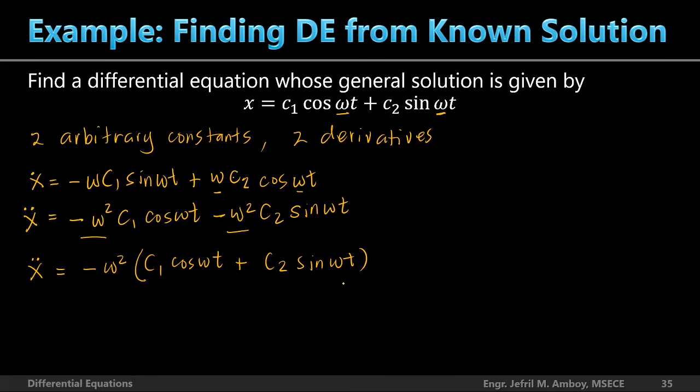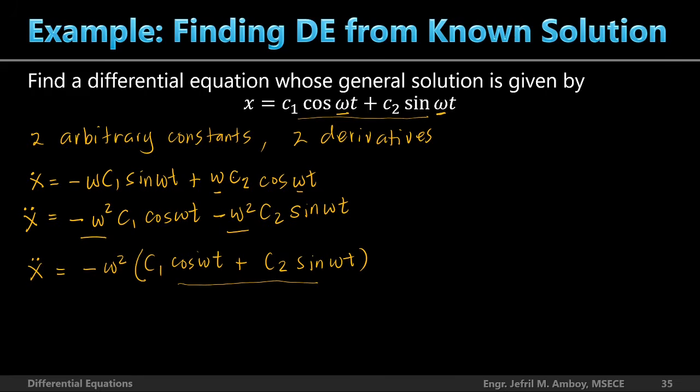Now remember again, our goal here is to find the differential equation by eliminating the arbitrary constants c1 and c2. But how are we going to eliminate c1 and c2? If you will notice, this term here is just the same as the given expression: c1 cosine omega t plus c2 sine omega t.